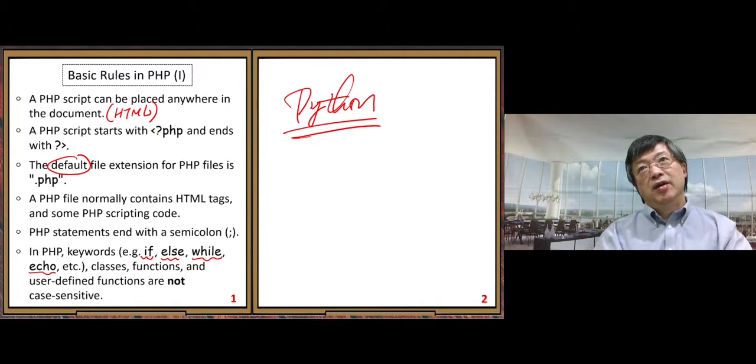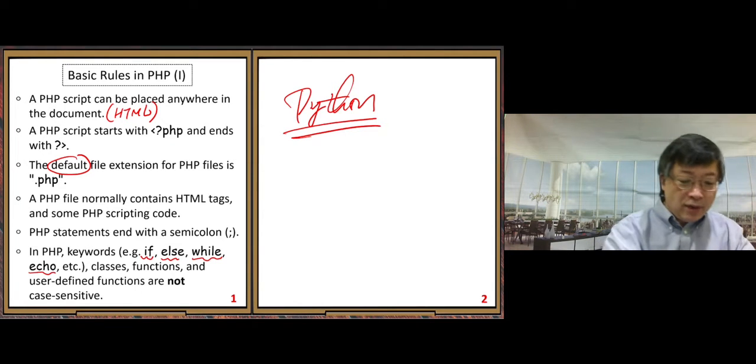But as a convention, we usually use lowercase. We do not feel comfortable using uppercase keywords, but you just need to know they are not case sensitive. All right. Next one.